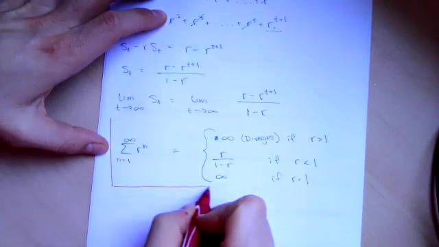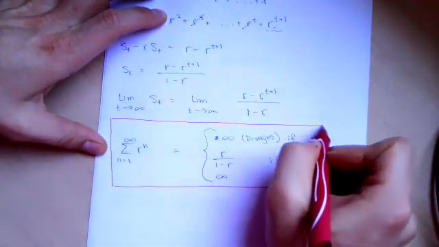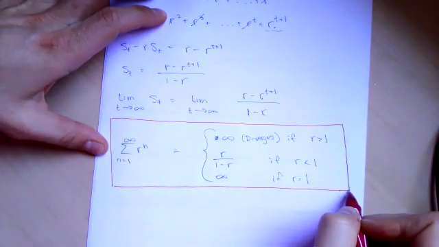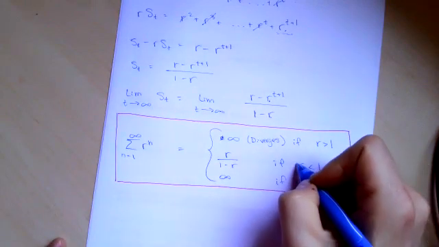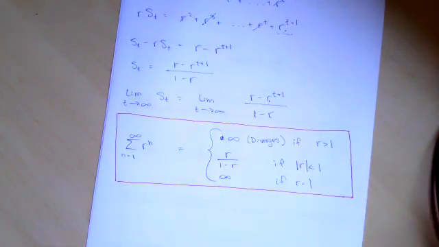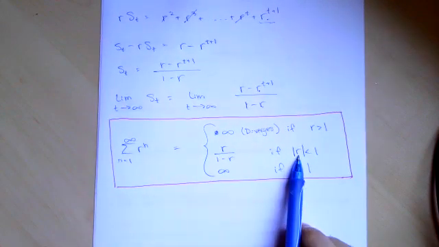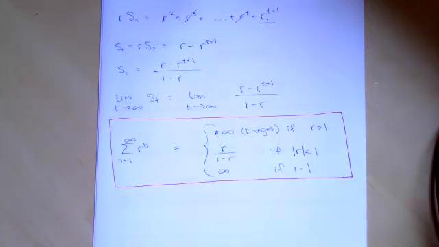So this is a formula you can memorize if you want, or just know the logic we followed if you want to rederive it and rethink it through. It actually holds in absolute value, meaning that r could be minus 1/2, minus 1/3, and it will still hold for that.